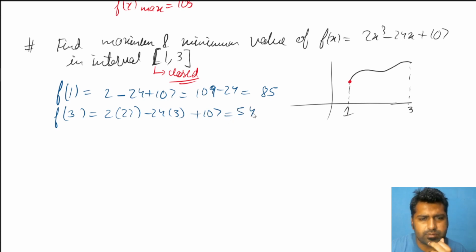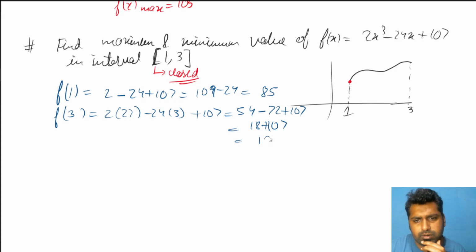This gives us 54 minus 72 plus 107. 54 minus 72 is minus 18, minus 18 plus 107. So that is 89. Okay. This is 109.